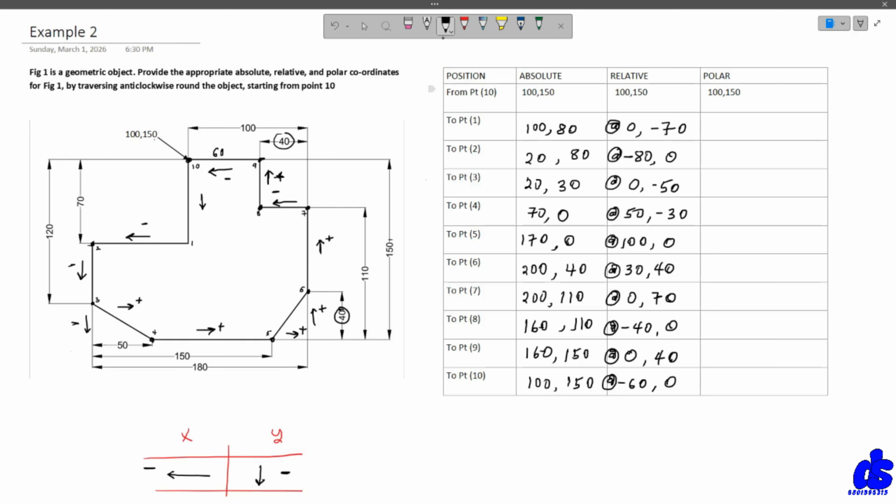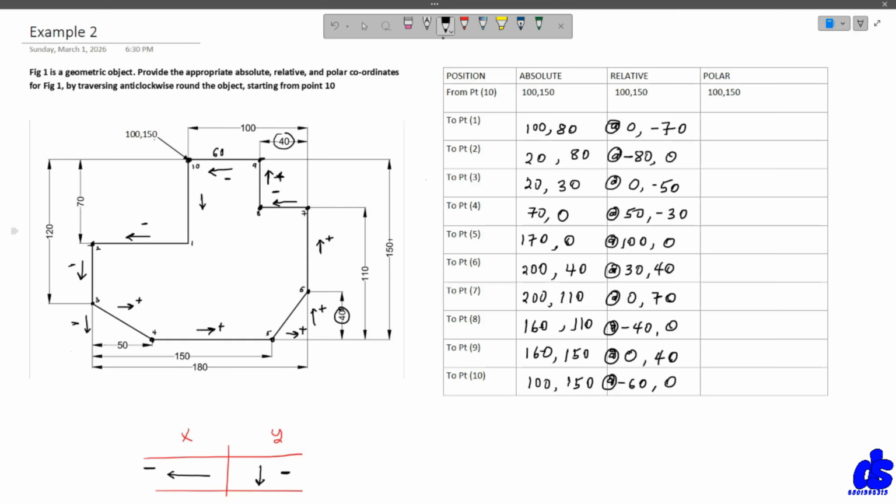So that's it for the relative coordinate system. One key thing to keep in mind is each point is referenced based on the previous point. So in specifying the coordinates for the next one, we check how x and y change and the magnitude by which they change.